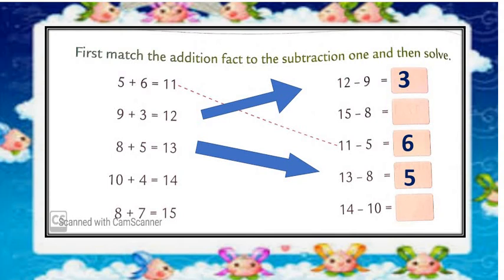10 plus 4 is equal to 14. 14 minus 10 is equal to 4. Match the pair. 8 plus 7 is equal to 15. 15 minus 8 is equal to 7.